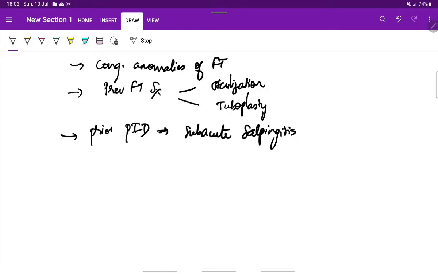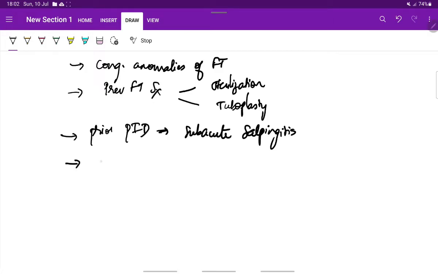This is because if there is subacute salpingitis, there will be destruction of the cilia present in the epithelium of the fallopian tubes, and there will also be peritubal adhesions. So all these cause kinking of the tubes and narrowing of the lumen.